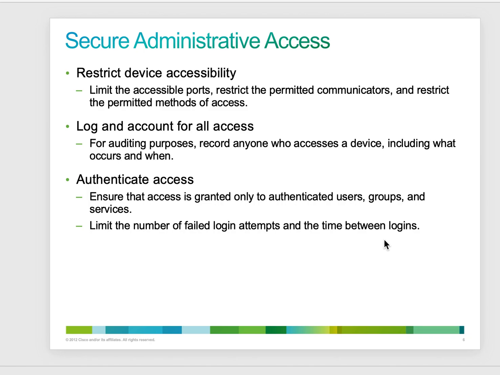Another way to secure administrative access is to authenticate access. To authenticate means we have to give the user a password, right? So we ensure that access is granted only to authorized users or the group of users that have such privileges and services. So if you don't have privileged access, you cannot access. There's a limit to what you can access.